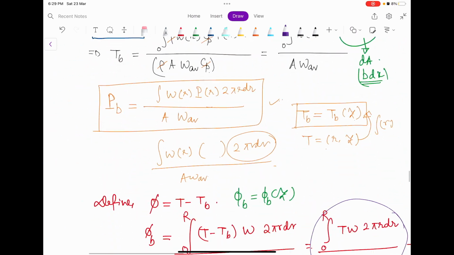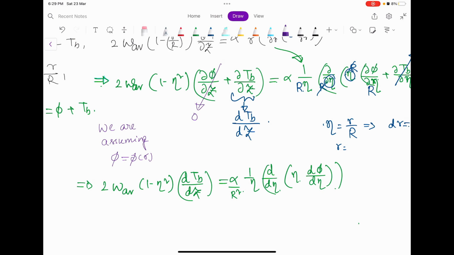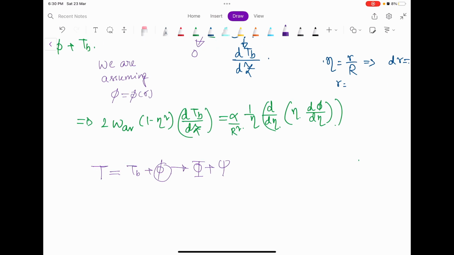So if I can break this problem, T equal to Tb plus phi, and now if I can break phi equal to capital Phi plus some psi, because eta I have already used, then I can have T equal to Tb plus phi plus psi.